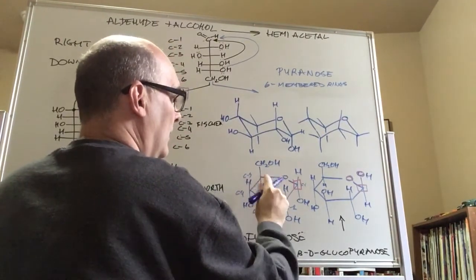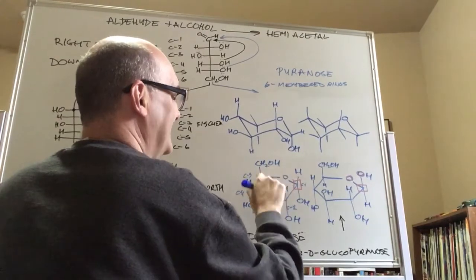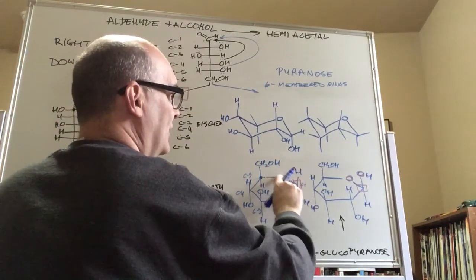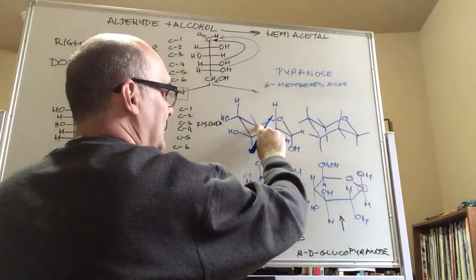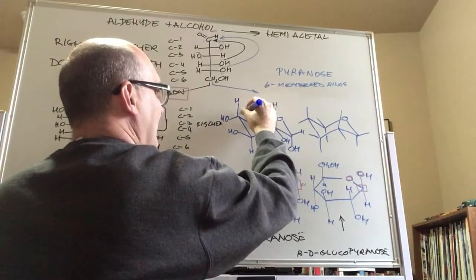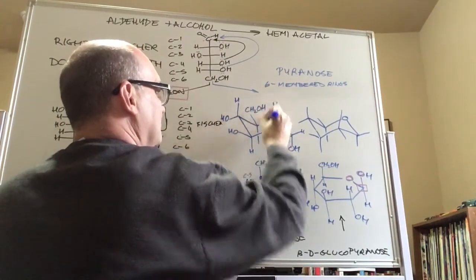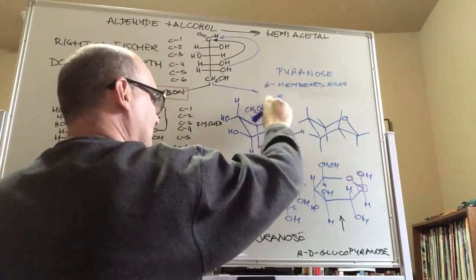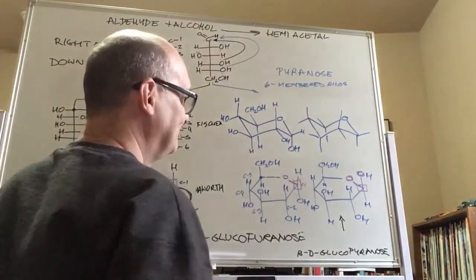5 attaches carbon number 1 into the ring through the ether, so this is 5, and I'm going to write the substituent hanging off the ring, just pointing away.